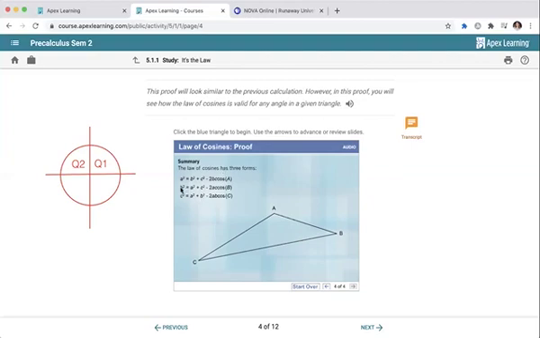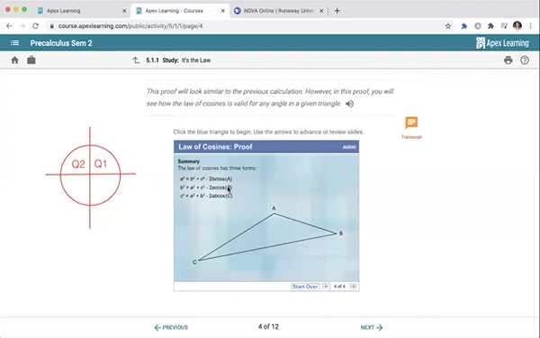And for B squared, anywhere you see B, you replace it with A, and anywhere you see A, you replace it with B. In order to solve for B squared, you've got A squared plus C squared minus 2 times A times C, cosine of our angle B that we're looking for.